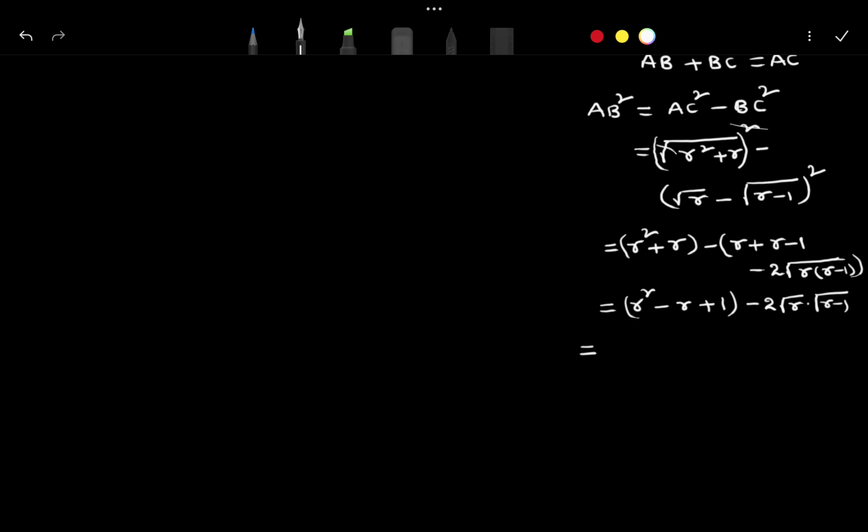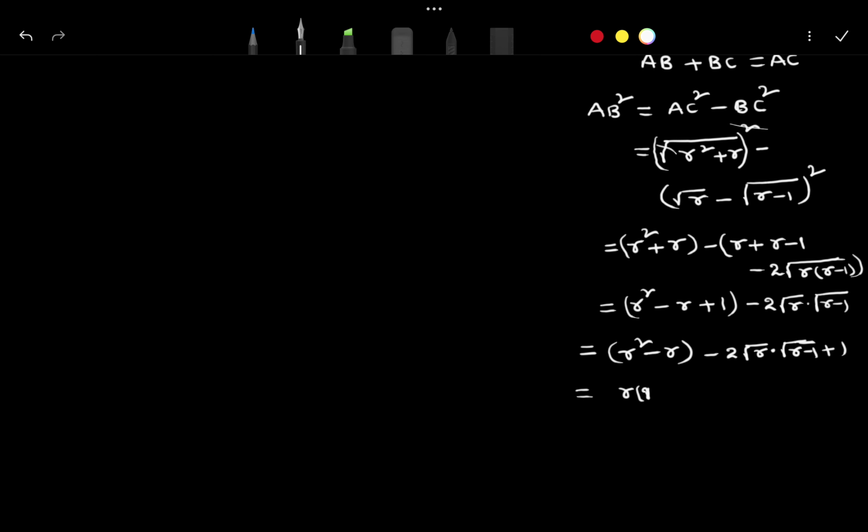Now again you can write this as r square minus r, this is one term, minus 2 into root r into root of r minus 1 plus 1, that is r minus 1 plus 1. So here this value will be r into r minus 1.